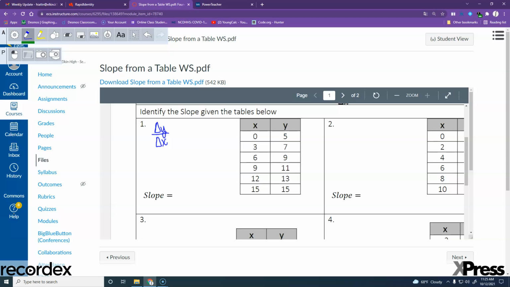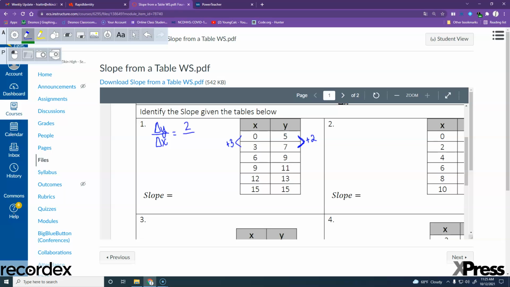So I can look at what is happening whenever I go from 5 to 7. What's happening when I go from 5 to 7? I go up 2, right? What happens when I go from 0 to 3? Up 3. This right-hand side is my change in y, because there's my y column, right?